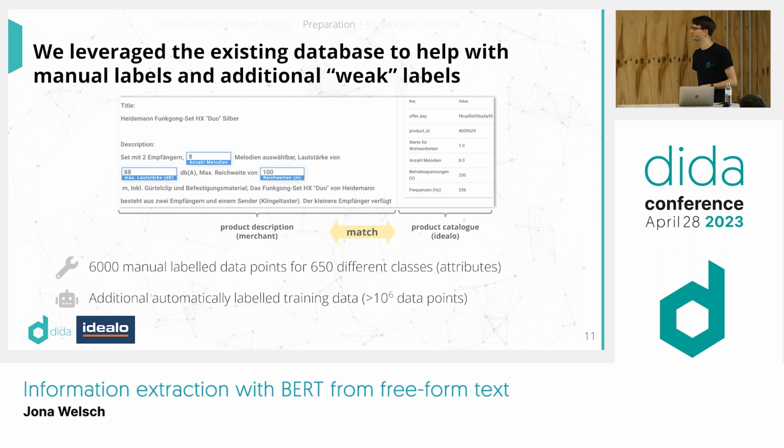And you can observe multiple things. So one is, there are more values on the right than there are on the left. So this is a common scenario. Not every merchant has all the information you might want to know about a product in their offer descriptions, so this happens. And then also, it can happen the other way around. There are more interesting values already labeled as a certain attribute, which actually are not present in the product catalog.